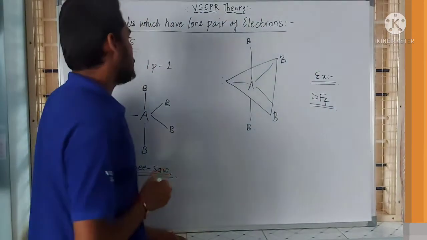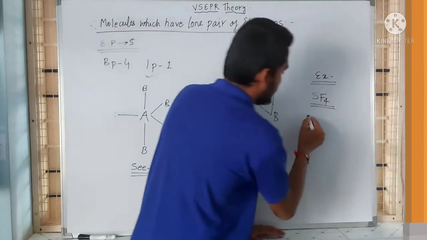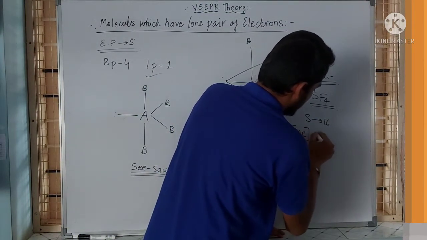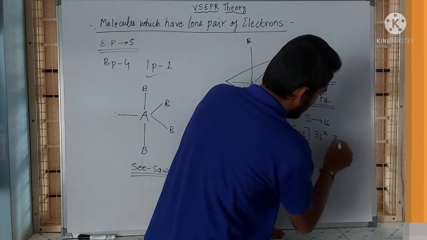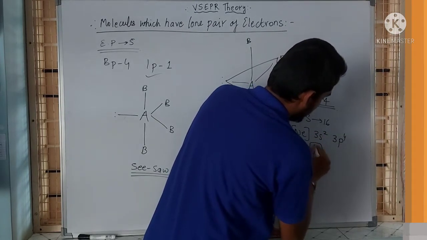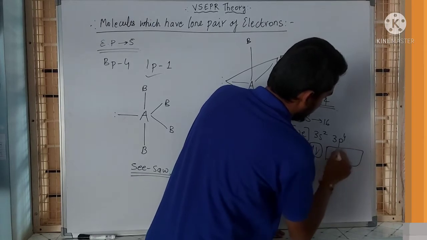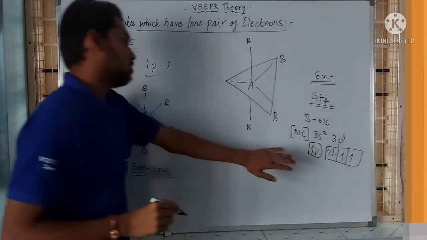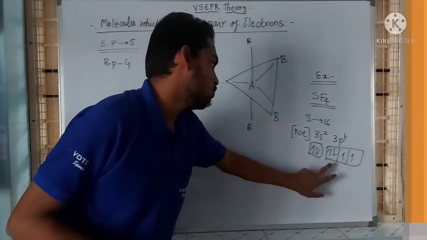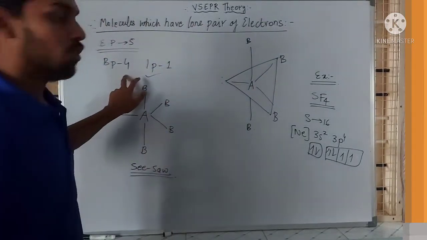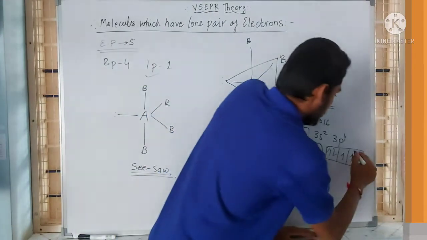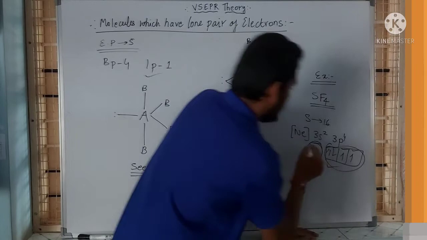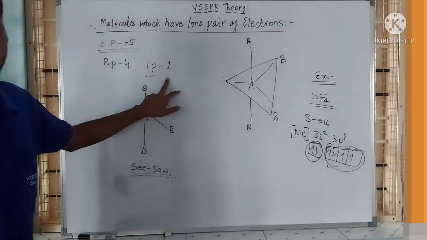So how I am going to get one lone pair is, sulfur has 16 electrons: neon core, then 3s2, 3p4. Among these 6 electrons, 4 are going for bonding. 1, 2, 3, 4 gone, right? There is one lone pair of electrons left, so we write one lone pair.